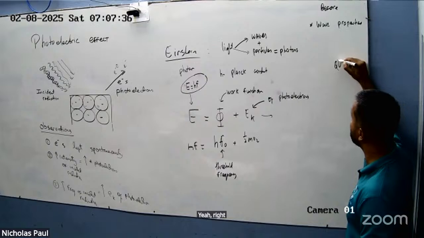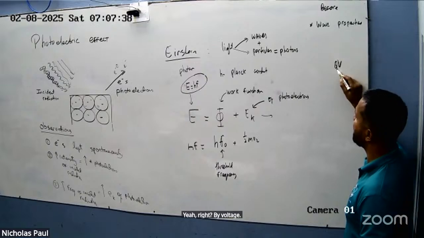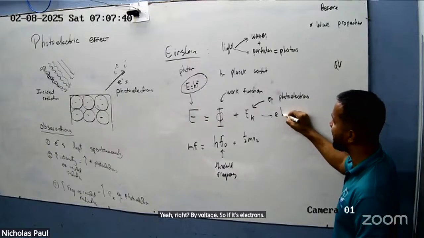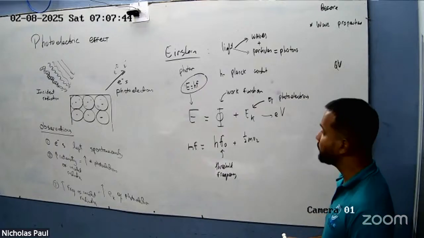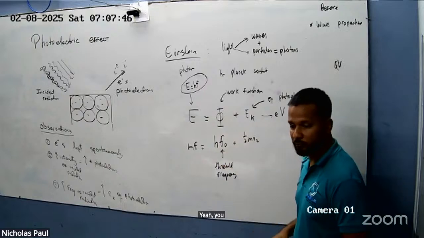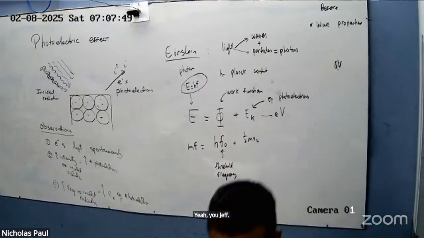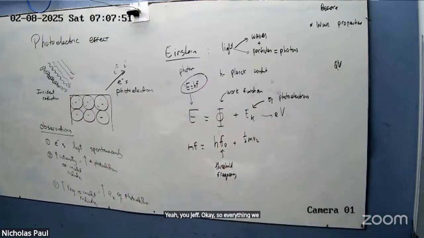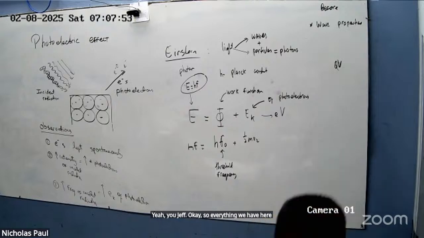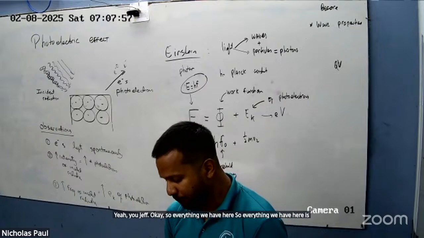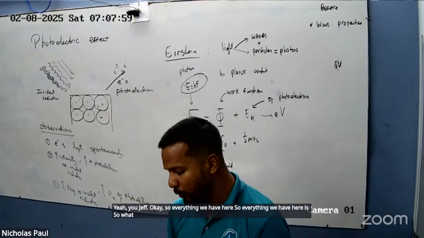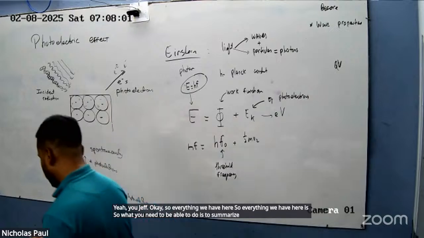Q by voltage. So if it's electrons, it could be E times V. So everything we have here is for the photoelectric effect. What you need to be able to do is to summarize everything that happened in there.